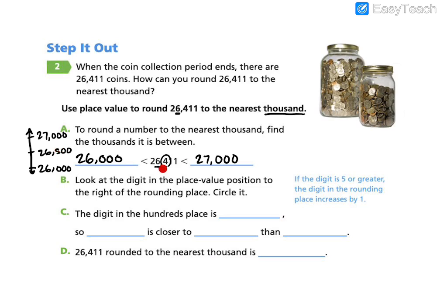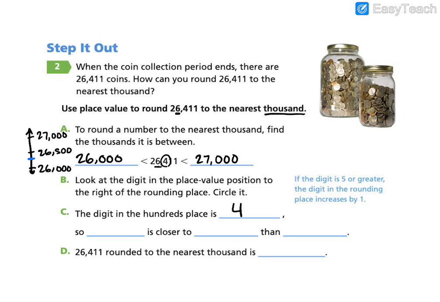So is this digit greater than 5? It's not. So where would that put it on the number line? It will put it below the halfway point. So when it's telling us that digit being 5 or greater, that means it's going to be greater than the halfway point. The digit in the hundreds place is 4.